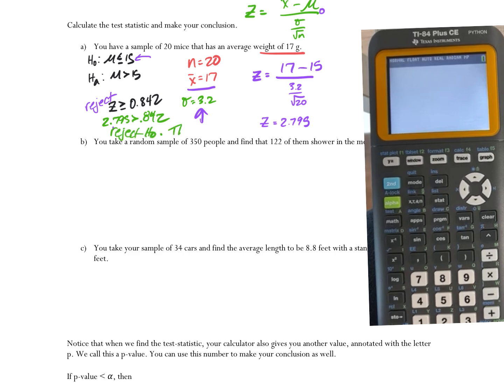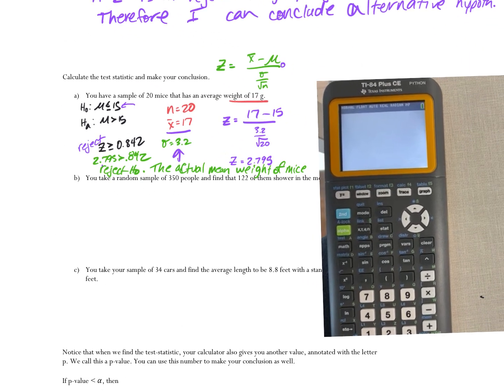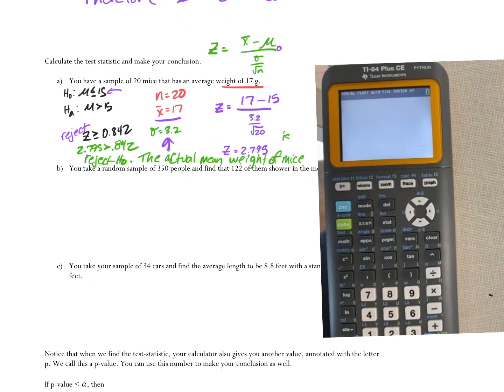And then the alternative you're going to state in context. So we're going to say the actual mean weight of mice is more than 15 grams, because that's what my alternative said.